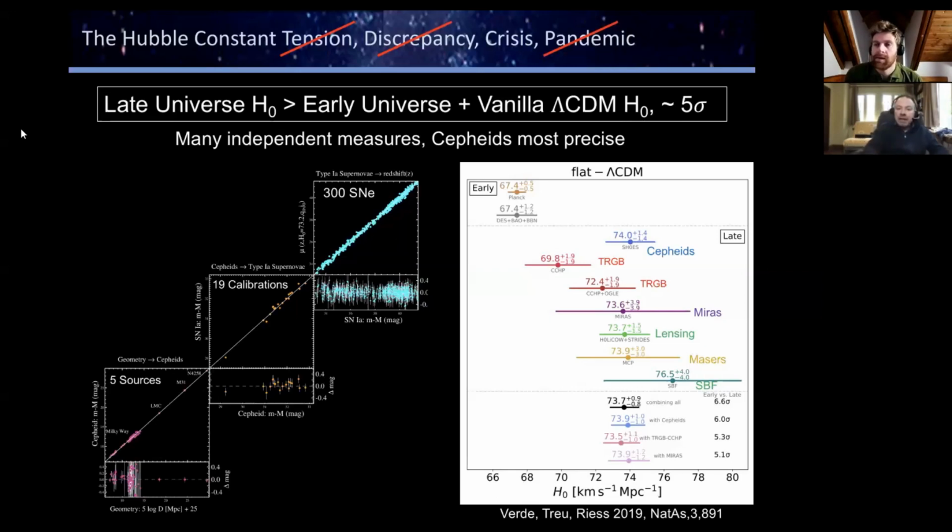And then in the upper left there, I have a couple of representatives of the early universe. So we have Planck, that's the cosmic microwave background, which all by itself, in concert with lambda CDM, gives you 67.4 plus or minus 0.5. But alternatively, instead of using the cosmic microwave background, you can use Big Bang nucleosynthesis.